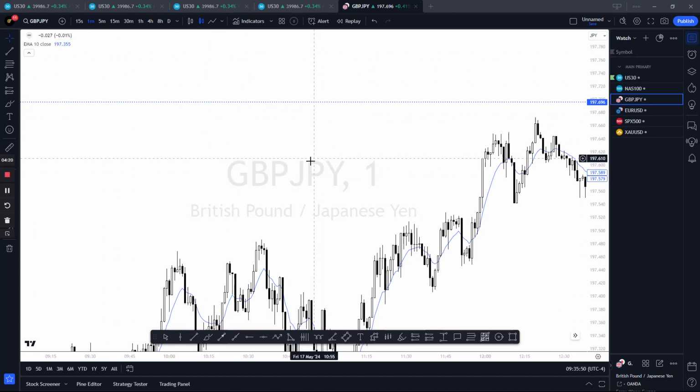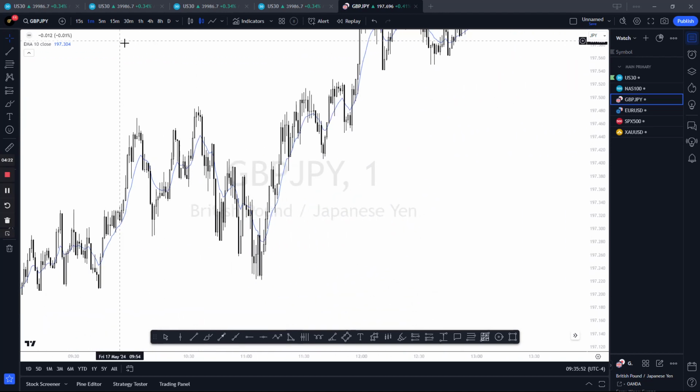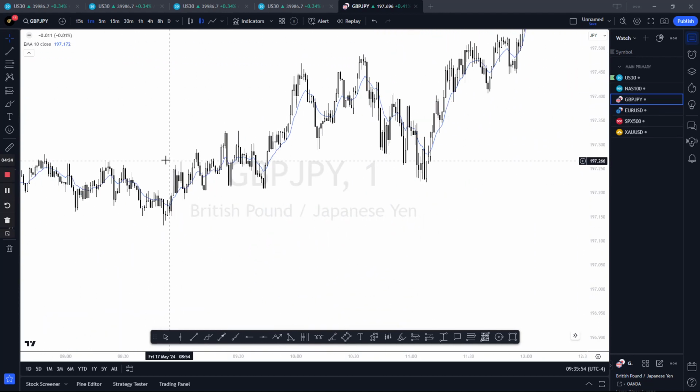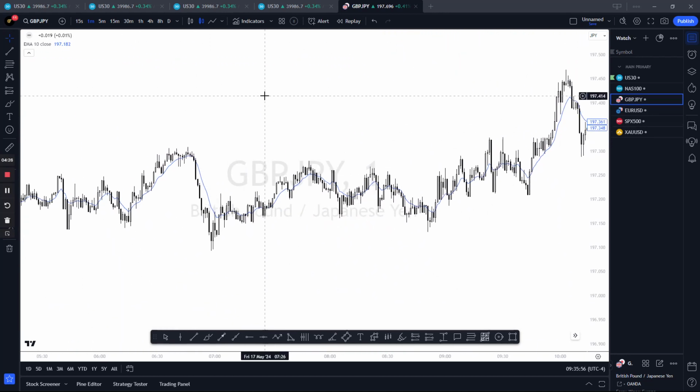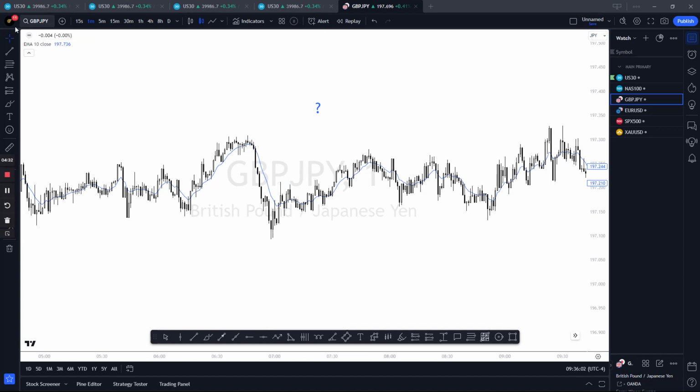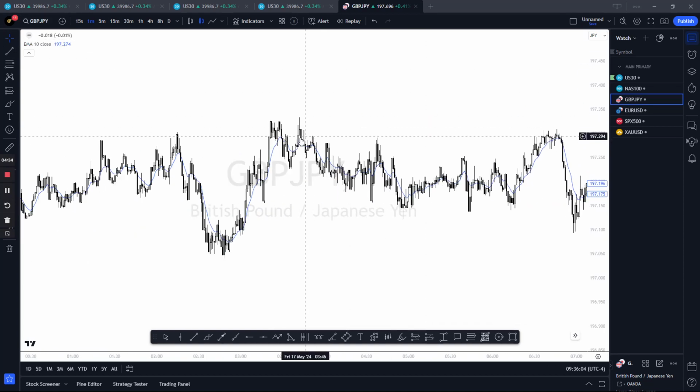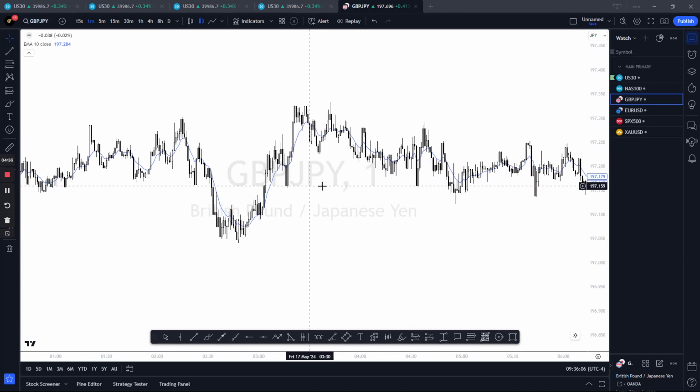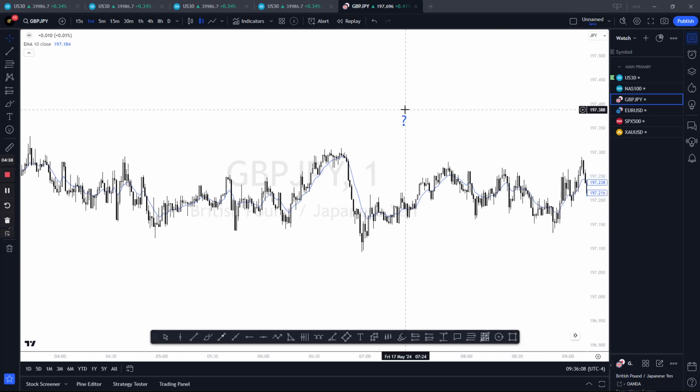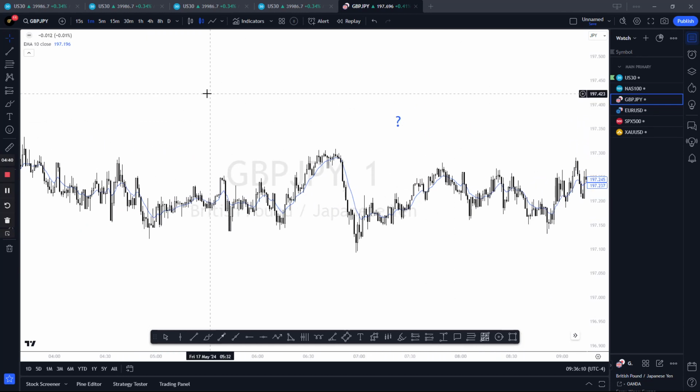So now that we know EMAs are the way to go, hug close to the price, we want to answer which one should we use? Since we know now EMAs attract and hug price probably the closest, which one should we use to be the most effective across scalping time frames and really all time frames?